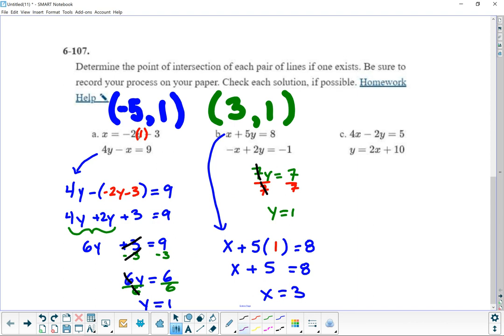Okay, last one. We can use substitution as well, just like the first one, just like A. So this is saying that we can put 2x plus 10 in place of the y. So I'm going to go ahead and copy the top equation, 4x minus 2, and then instead of y, I'm going to put in 2x plus 10.